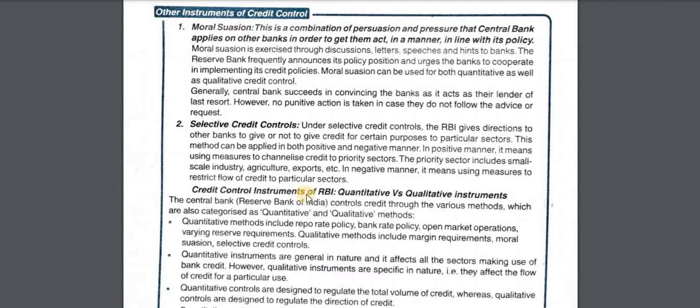The credit control instruments of RBI: quantitative and qualitative instruments. The central bank, the Reserve Bank of India, controls credit through various methods which are categorized as quantitative and qualitative methods. The quantitative methods include repo rate policy, bank rate policy, open market operations, and varying reserve requirements. The qualitative methods include margin requirements, moral suasion, and selective credit controls.